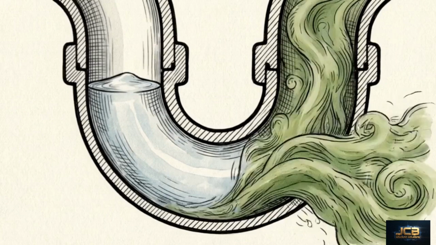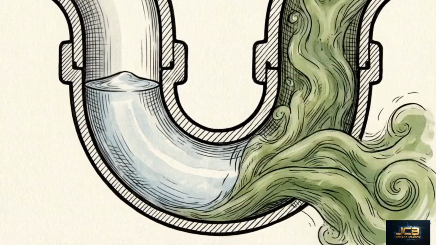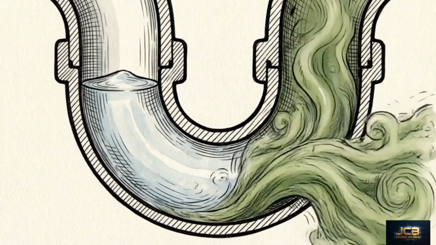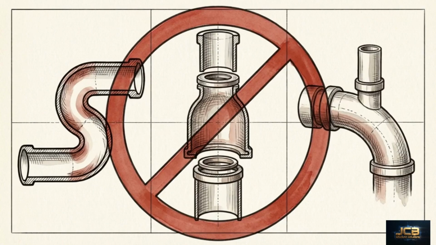The structural integrity of that exact 51 to 102 millimeter volume of liquid is the primary barrier standing between human habitation and lethal sewer gases. The code prohibits any trap geometry that compromises the seal. S-traps, bell traps, and crown-vented traps are strictly banned.